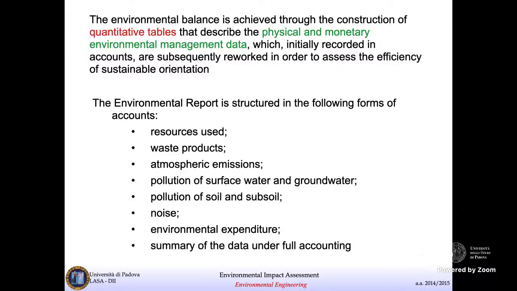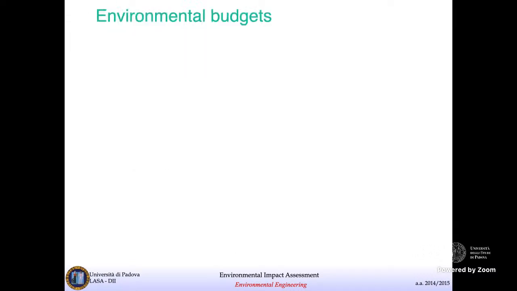drafted on an environmental report in which there is a discussion of the resources used, of the waste produced, of atmospheric emissions, pollution of surface water, pollution of soil and subsoil, generation of noise, environmental expenditure, and the summary of data under full accounting.